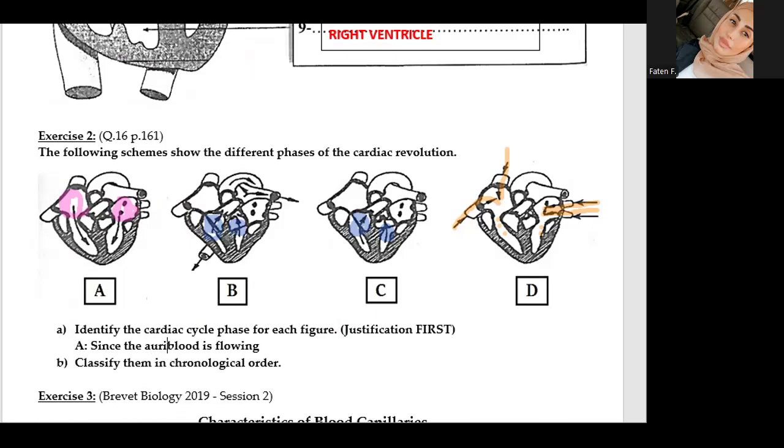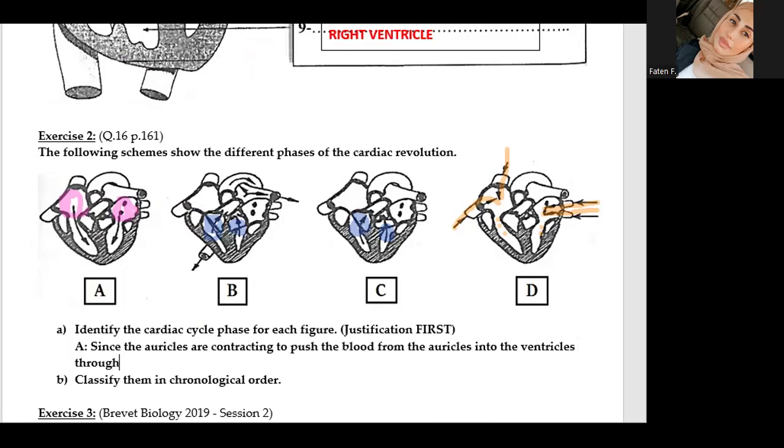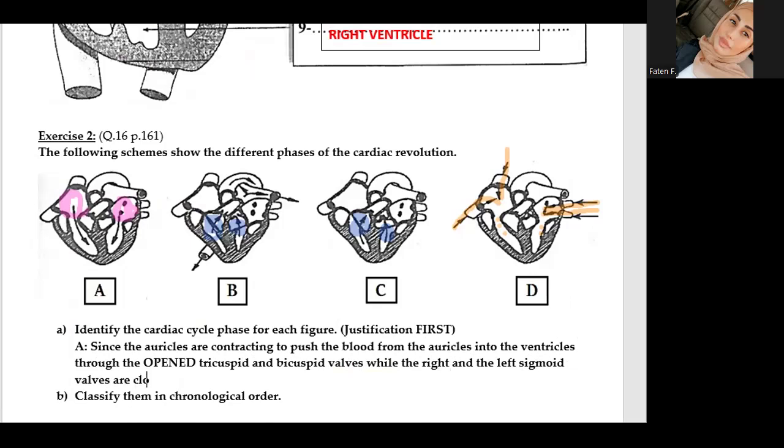Since the auricles are contracting to push the blood from the auricles into the ventricles through the opened tricuspid and bicuspid valves, while the right and the left sigmoid valves are closed, then this is auricular systole.